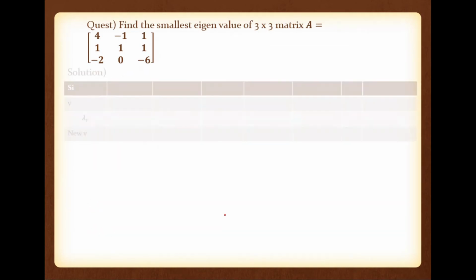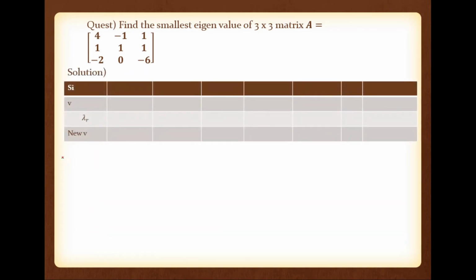So draw a table: serial number, the initial vector, and the largest value of the output vector. I told you I wrote the algorithm this way, so it is not showing the output vector. There is no need for that. It is directly finding lambda. Actually it has to find the output vector, but it is not displaying it.